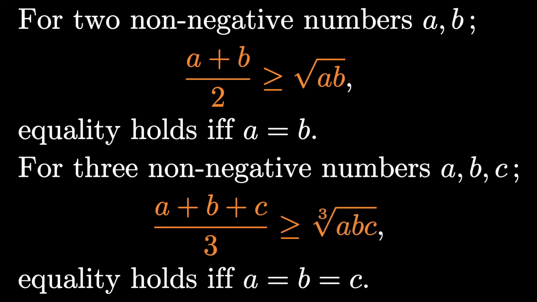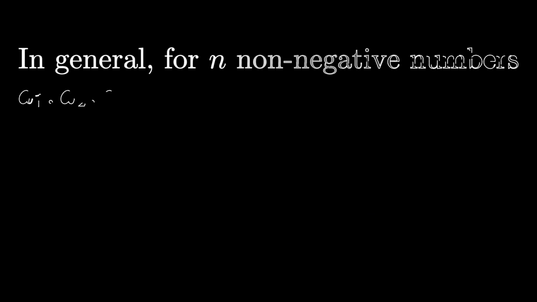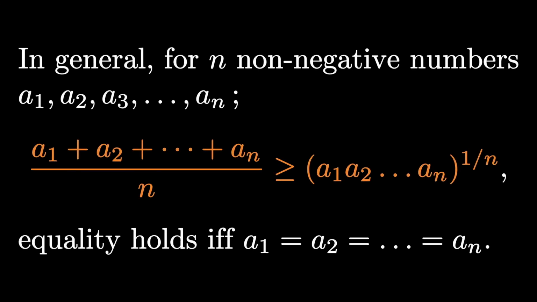Similarly, we can state the inequality for three non-negative real numbers a, b and c. In the most general form, we can state the inequality for n non-negative numbers: (a1 plus a2 up to an) upon n is greater than or equal to (a1 a2 up to an) whole power 1 by n, and the equality holds if all the numbers are equal.